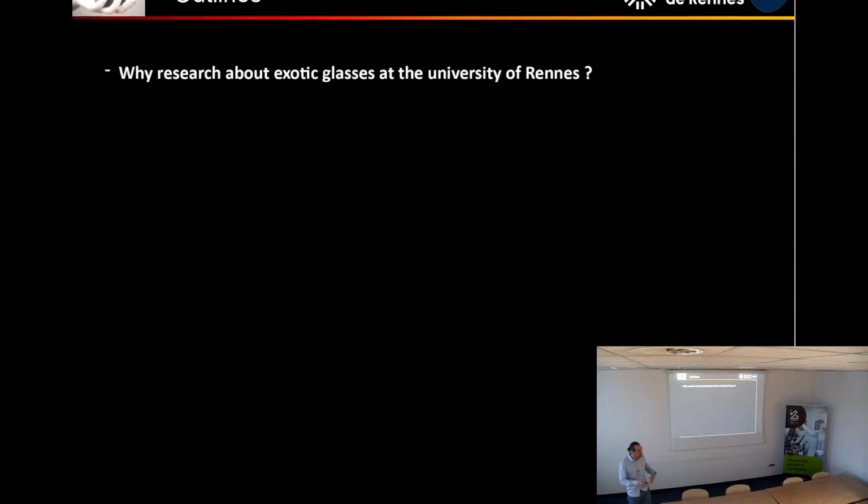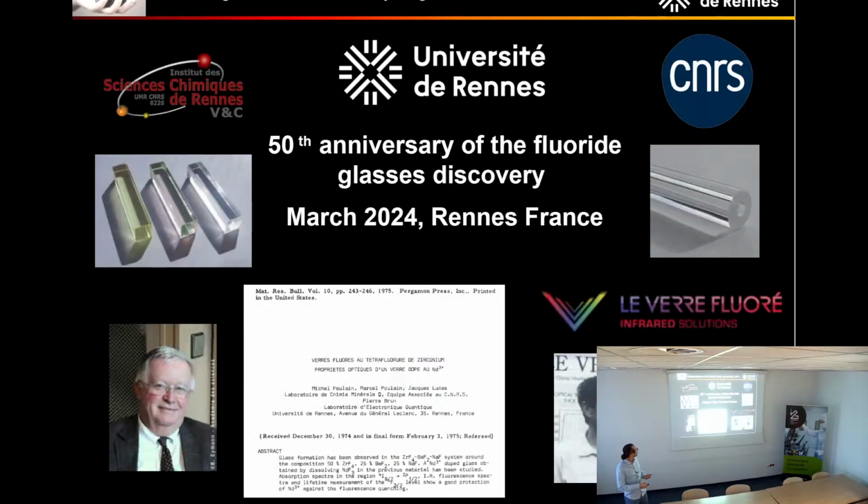Okay, so just for starting, why are we working on exotic glasses in Rennes? Because we have a history about that. 50 years ago, Michel Poulain, who was working on zirconium fluoride crystals, made a kind of bad experiment with crystals because he made a glass.